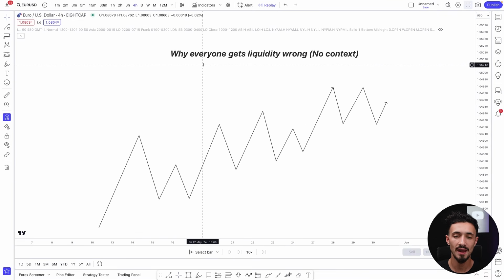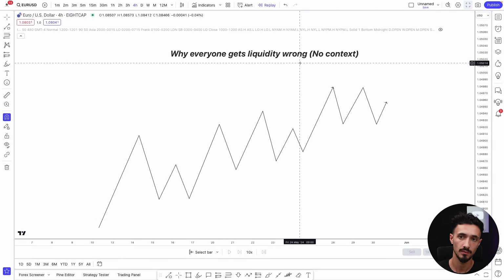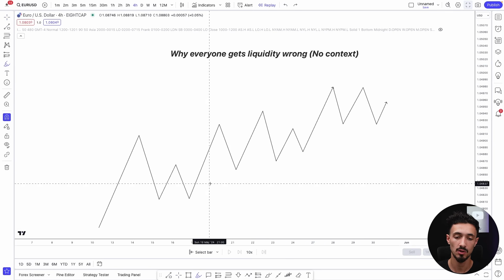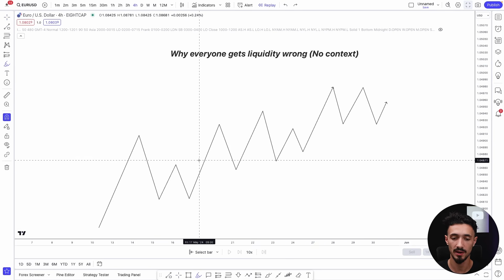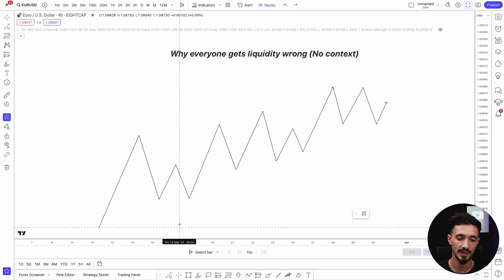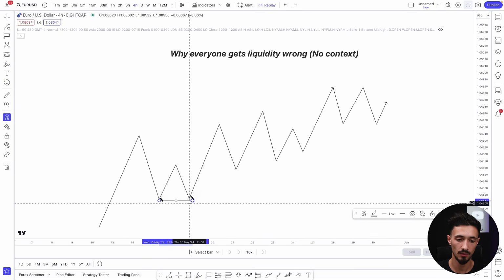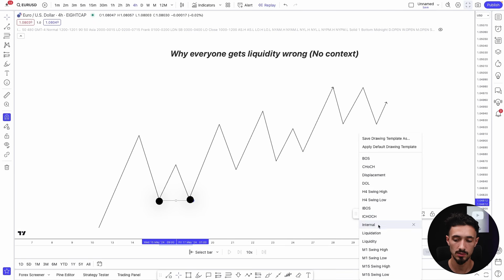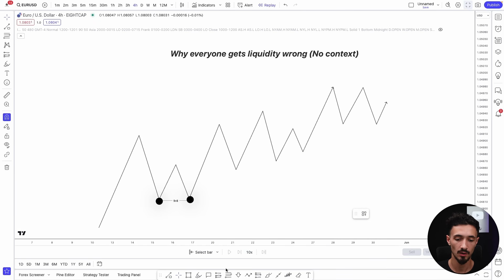So why does everyone get liquidity wrong, and what do you need to do to make sure that you don't fall into this trap? The key is they have no context, right? So if we look at this diagram that we have right here, what we can see is that we have equal lows down here, right? So this is an area of old support or equal lows. So we know that's liquidity. What do we have?